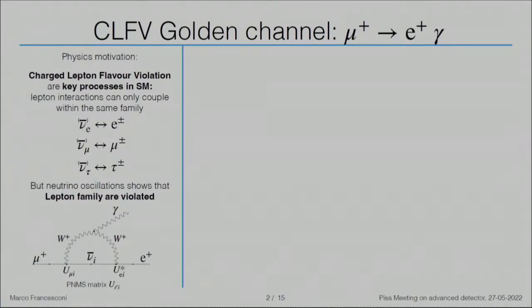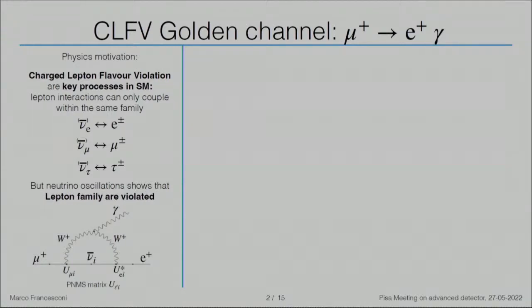So we are looking for this decay of the muon that violates the lepton family number, and this has a very big implication for physics because, as you know, the standard model does not foresee this kind of decay, because the lepton couples only within the same family, therefore conserving the number of leptons in the same family.